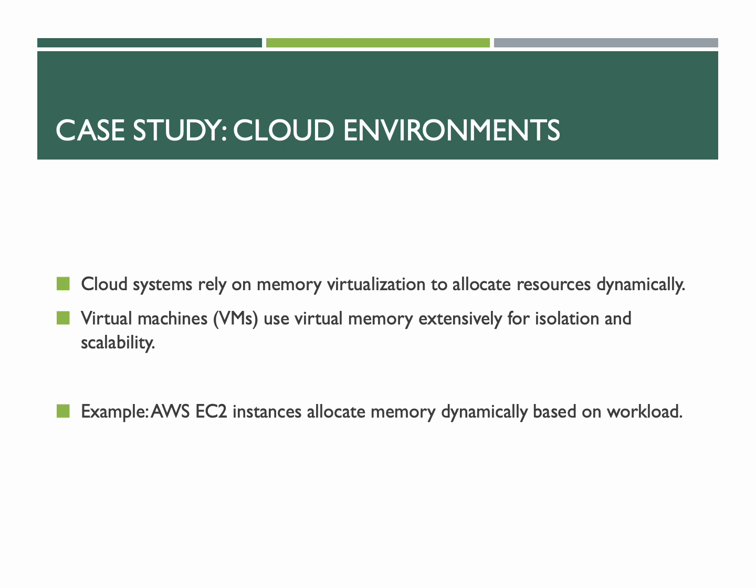For instance, AWS EC2: these cloud instances allocate memory dynamically based on the workload. For example, during peak demand, additional virtual memory can be provisioned seamlessly to maintain performance, ensuring scalability and resource optimization.